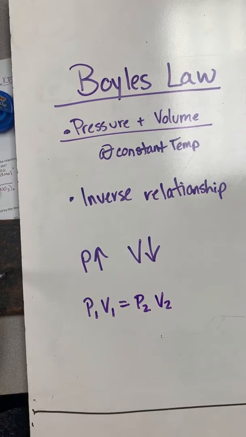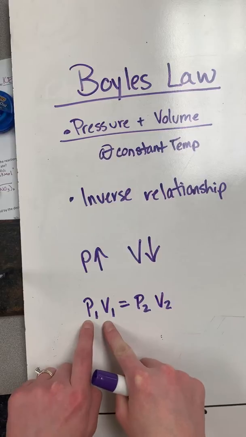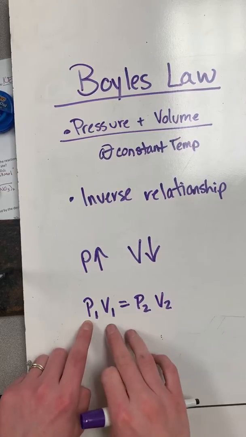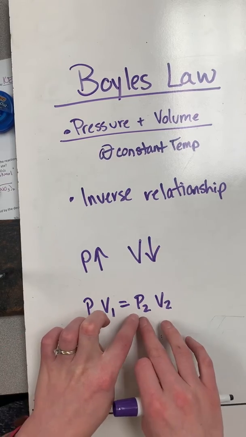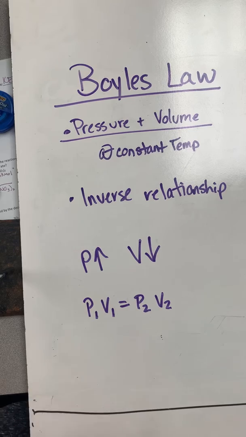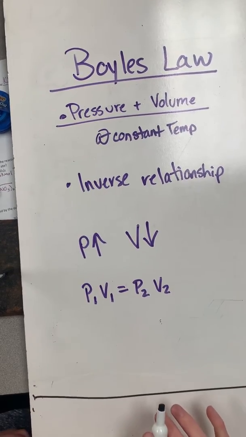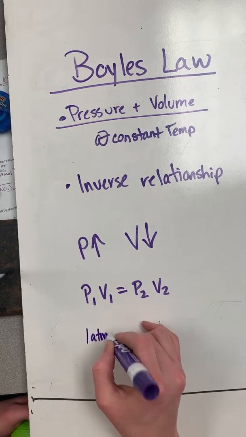So if the system starts off at, let's say, high pressure, it's going to have low volume, right? But then let's say I have high pressure, I'm going to decrease my pressure, my volume increases. So let's just say, for kicks, I'm starting off at atmospheric pressure, which is 1 atm.